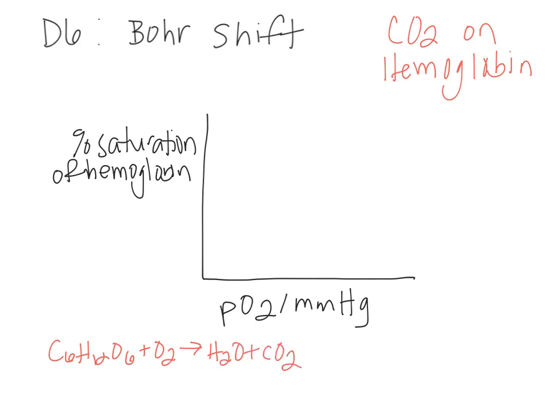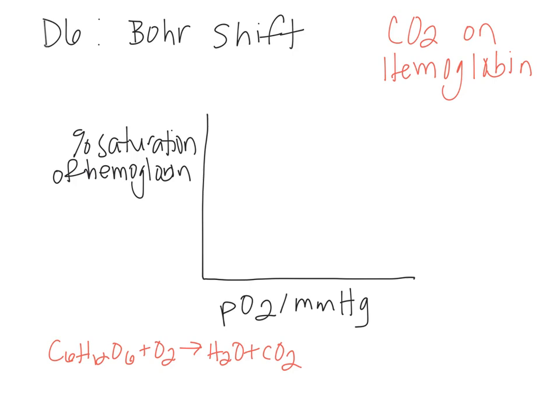And that's the overall equation for cellular respiration. So it makes sense to me that the more carbon dioxide tissues are producing, the more oxygen they're going to need. So it's kind of nice that the more carbon dioxide we have in a tissue, the more likely hemoglobin is to give up that oxygen that it's carrying to those respiring tissues.